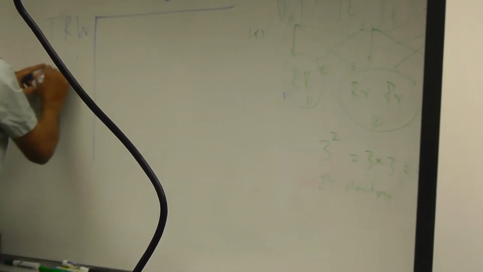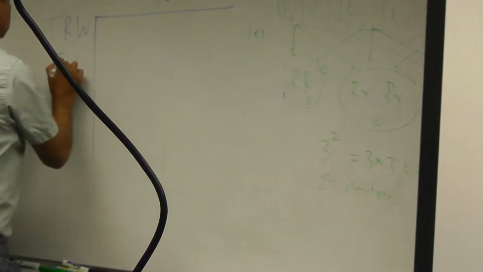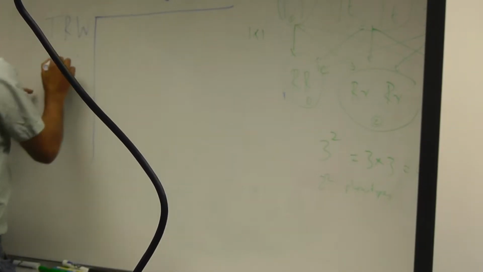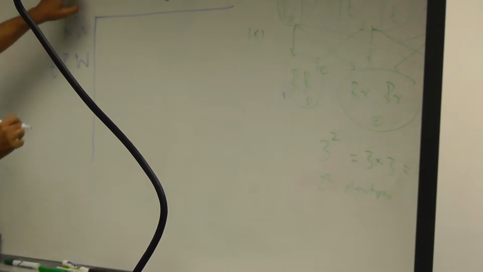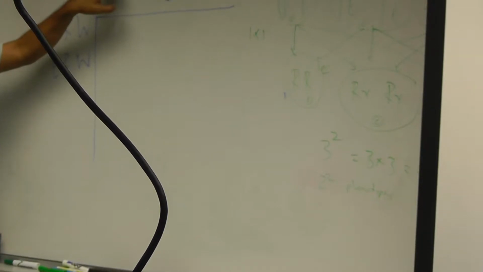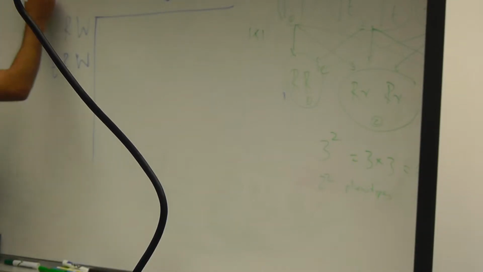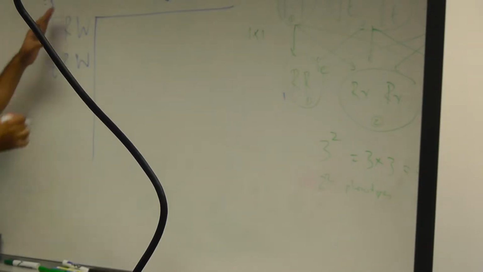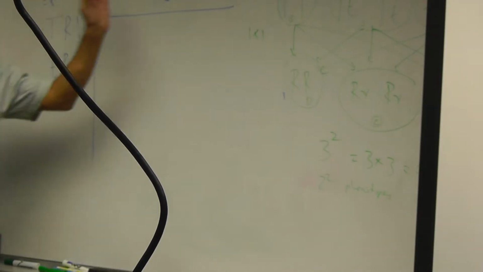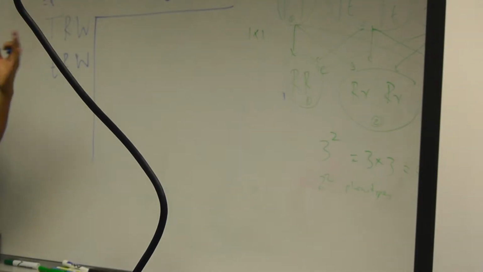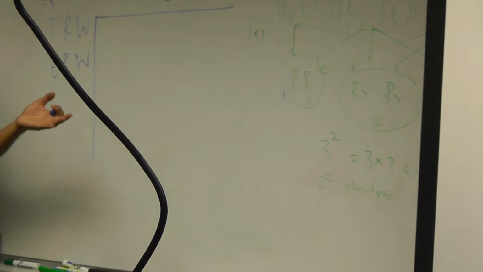Then you can pick T R W. So basically you can pick the first one in 2 ways, the second one in 2 ways, and the third one in 2 ways, right? So what is that? 2 times 2 times 2. So that's 8. So that's why there will be 8 here, and there will be 8 here. And if you have 8 and 8, if you multiply that, that's 64, right?